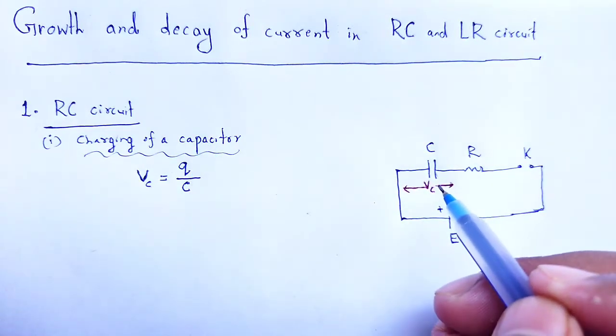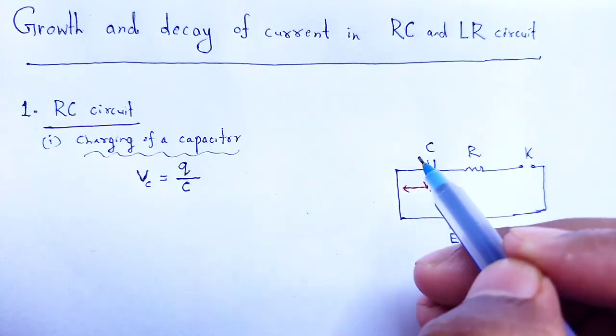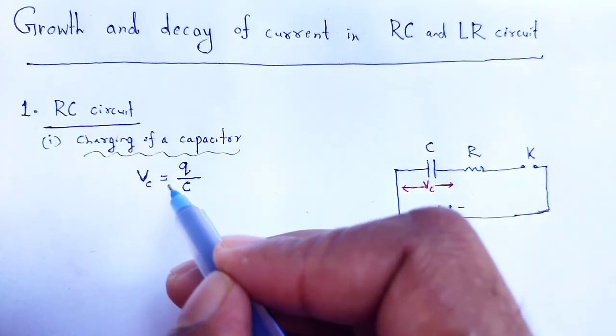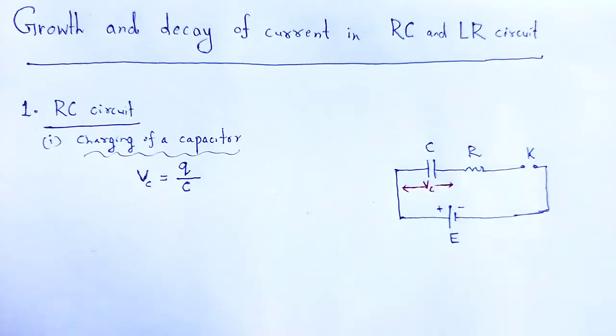So, potential developed at that time across the capacitor is V of C is equal to Q by C.